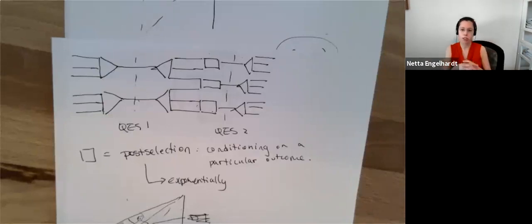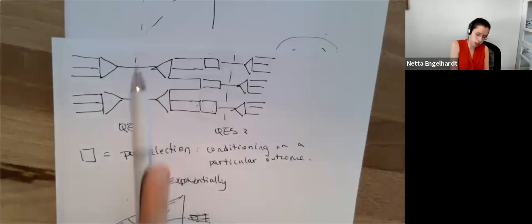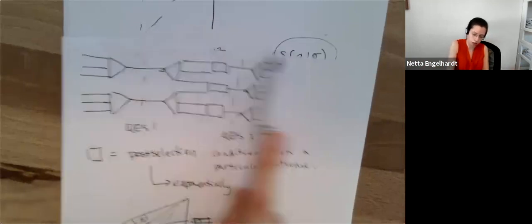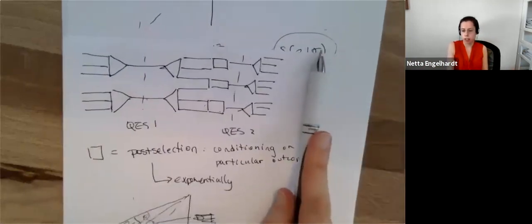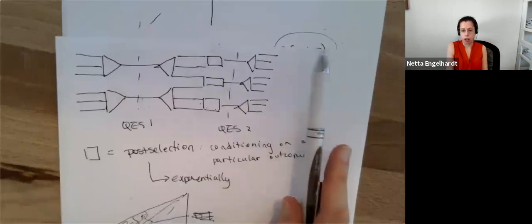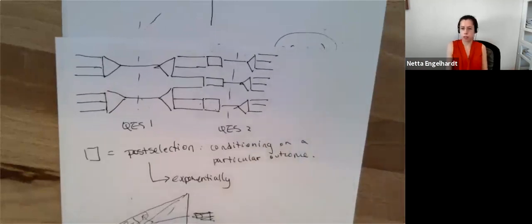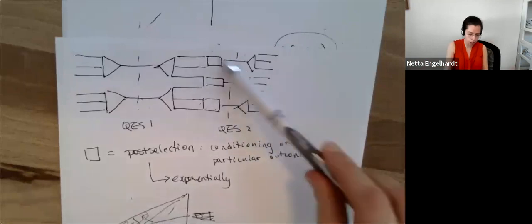Now, in some sense, you might say there are two different notions of complexity here. One is, if I just want to prepare the state, what's the tensor network that I'm looking at? And the other one is, if I start here and I want to reconstruct everything from this boundary, then how complex is that? So for one of these, post-selection is very important.